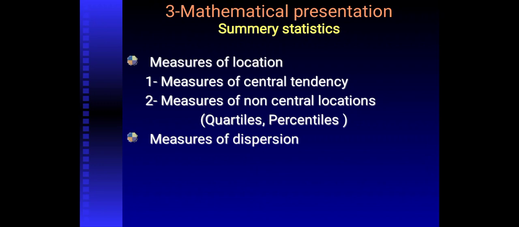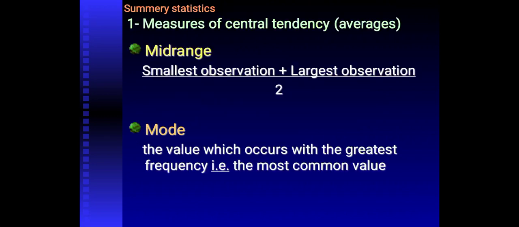Measures of location: measures of central tendency and measures of non-central tendency come under measures of location, and then measures of dispersion. Measures of central tendency means average: mean, median, mode. These all come under measures of central tendency.